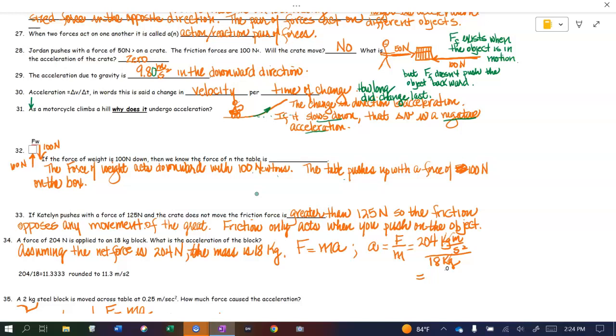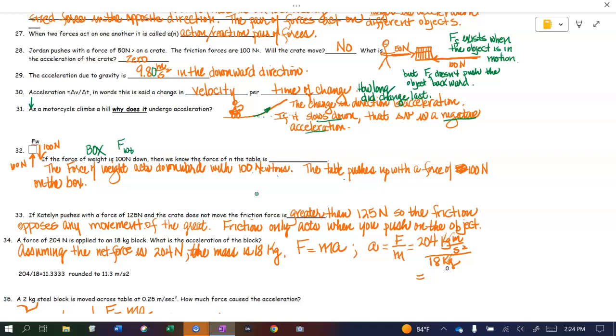So we have a box here that they're referring to, and you put it on the table, and its weight is 100 newtons. Remembering that weight is a force, the force of weight acts downward with 100 newtons, but the table pushes up. And this is called a normal force. The force of weight is 100, then we know the force of the table is also 100 newtons.